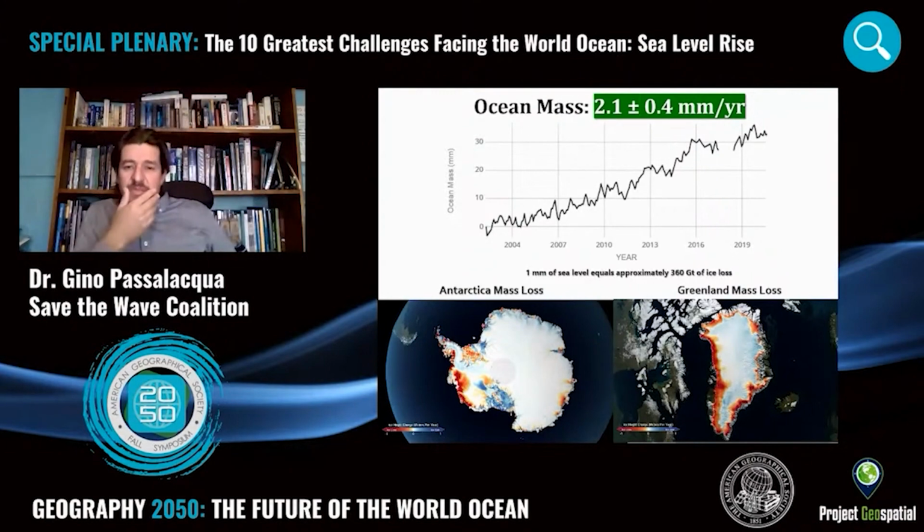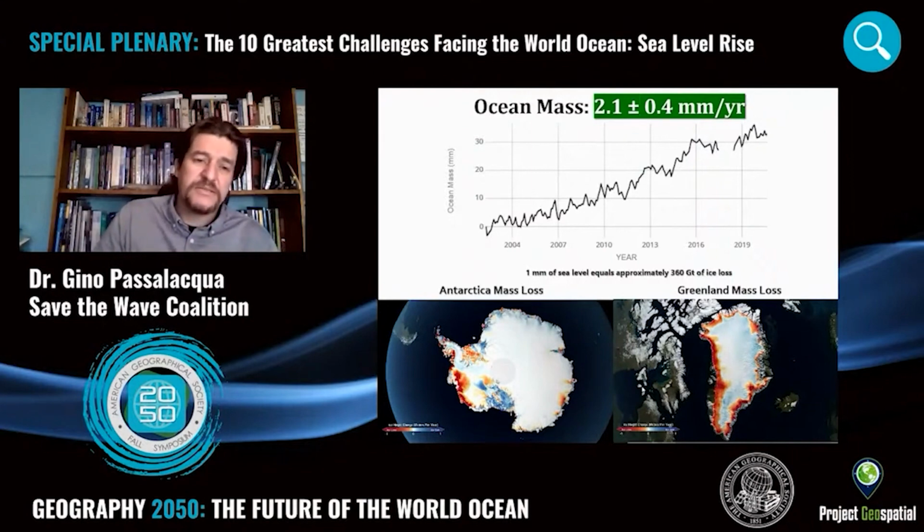As you can see from these images from NASA, in Antarctica there are areas with a decrease of mass of about 1 meter of ice height, and there are other areas with an increase of this ice height. On the other hand, Greenland's coastal areas are basically losing mass constantly.